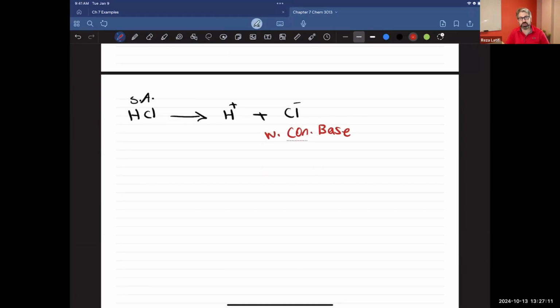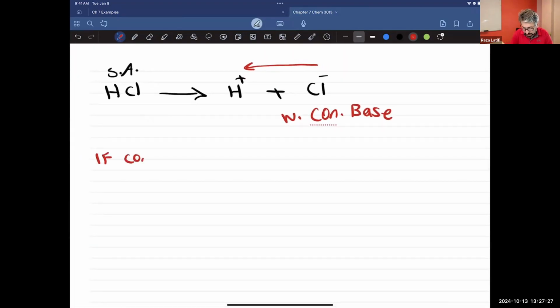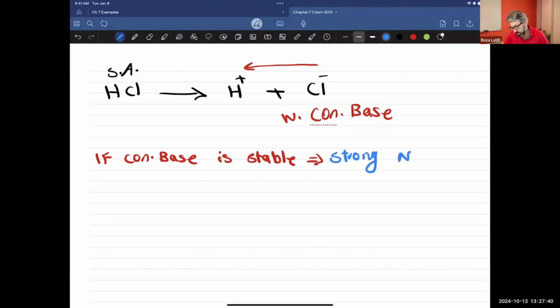A weak conjugate base is stable. It's not going to go through any chemical reaction. When I say chemical reaction, I mean it's not going to go back to reform the HCl. And so if the conjugate base is stable, it will give you a strong or good nucleophile.